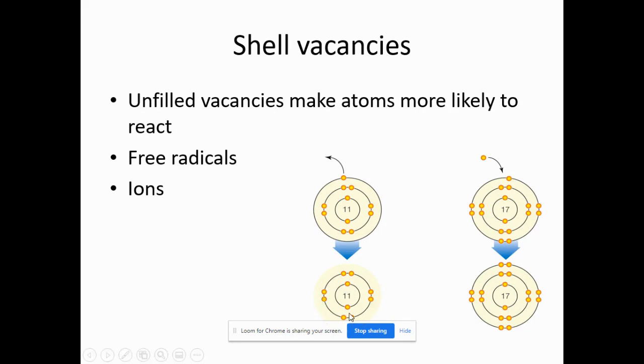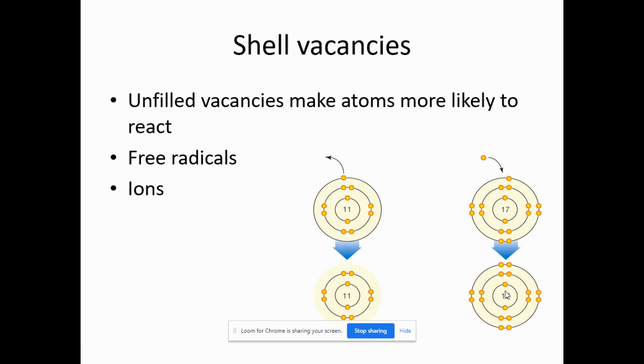This is sodium. All right, and sodium usually exists as an ion because it usually exists with a positive charge. This one is chlorine. All right, and it usually exists as an ion because it accepted that extra electron, and so it usually exists as an ion with a negative charge.